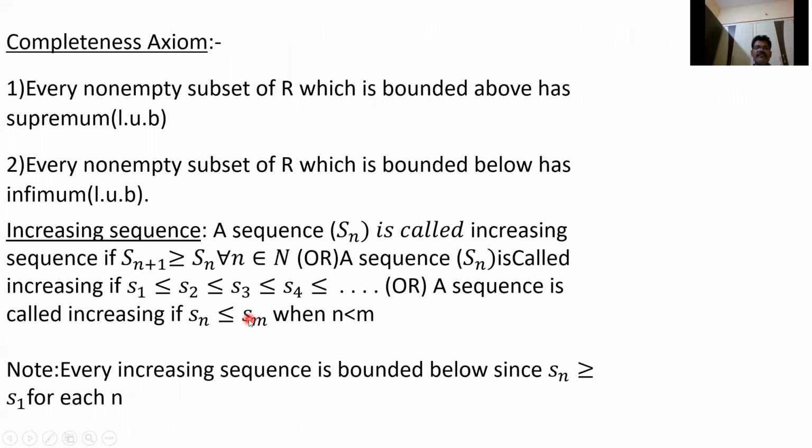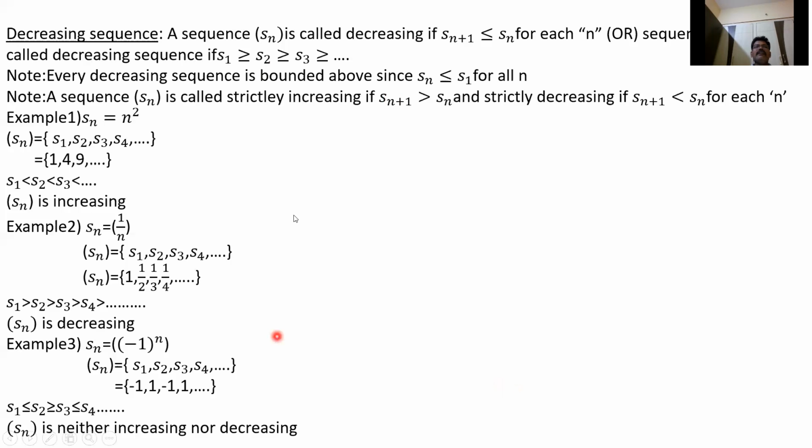You observe, if it is an increasing sequence, every increasing sequence is bounded below, and S1 is a lower bound. And every decreasing sequence is bounded above by S1, and S1 is the upper bound for the sequence. And also another definition: we say the sequence Sn is called strictly increasing if Sn plus 1 is greater than Sn, and strictly decreasing if Sn plus 1 is less than Sn.